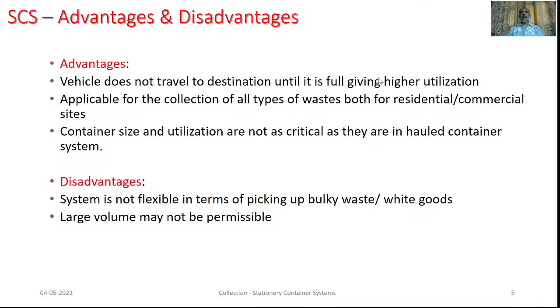So the way we discussed in the hauled container system, whether that container is full or partially filled, it was expected to be picked up. Here, it is not so. The vehicle will utilize its volumetric capacity fully.